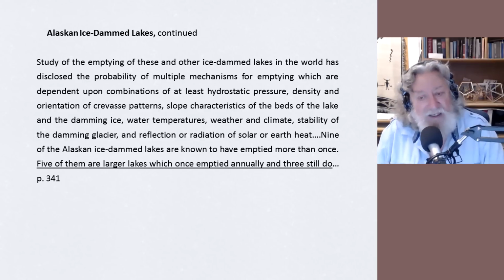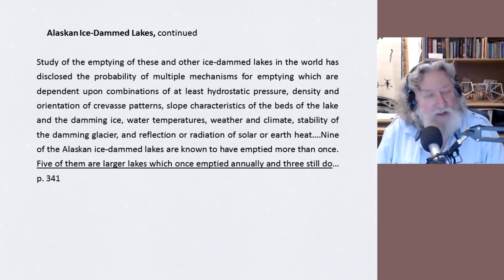9 of the Alaskan ice-dammed lakes are known to have emptied more than once. 5 of them are larger lakes, which once emptied annually, and 3 still do. Now, this is very typical, annual emptying of the lake, because every year you're going to have spring melt.